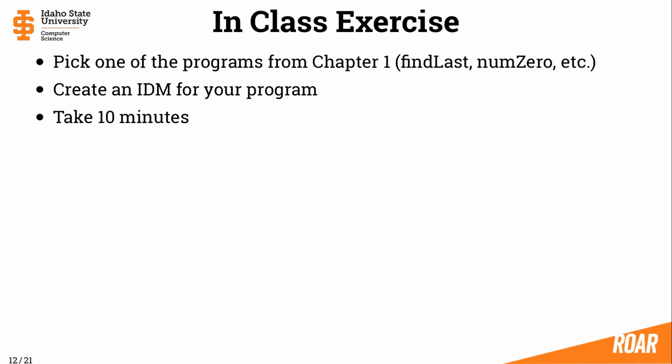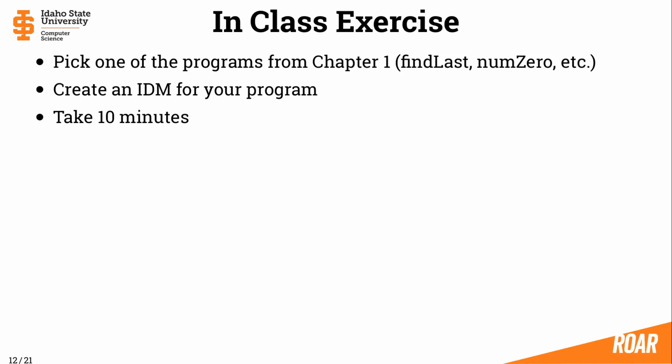All right, so this is another in-class exercise, but for those of you watching the video and our AO students, what I would like you to do is to go to Chapter 1. There are several different examples. You can also go to the book's webpage, and they have them all there.